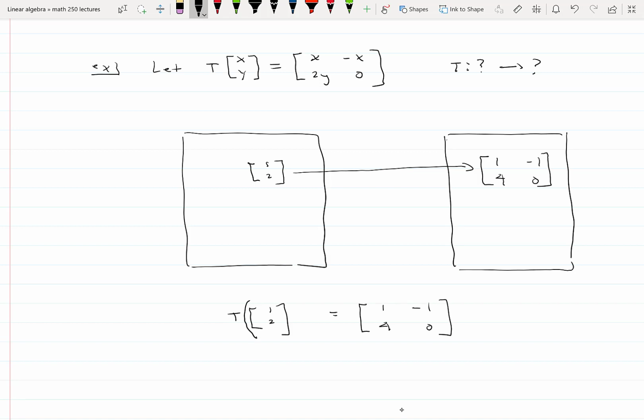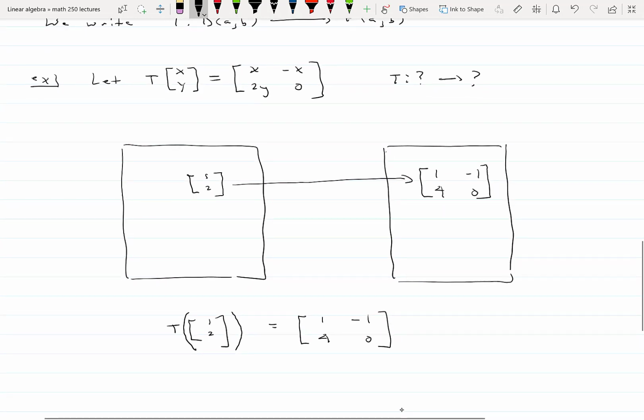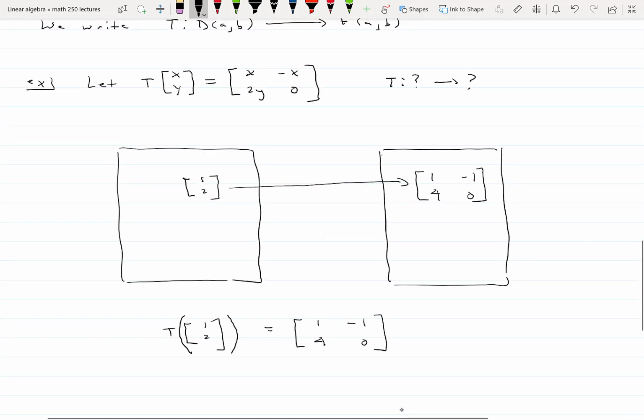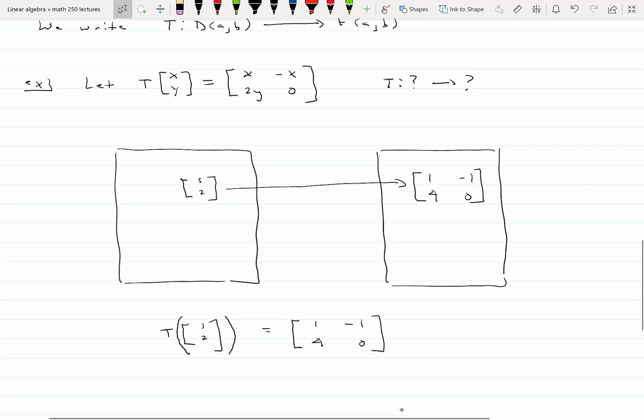You could either put the parentheses in or not here. But I'm trying to get you used to visualizing transformations as taking elements of one vector space and turning it into an element from another vector space. So that's why I'm using a little rectangle to do this.